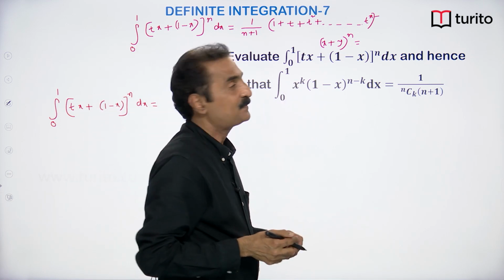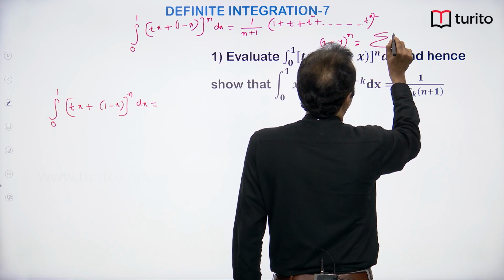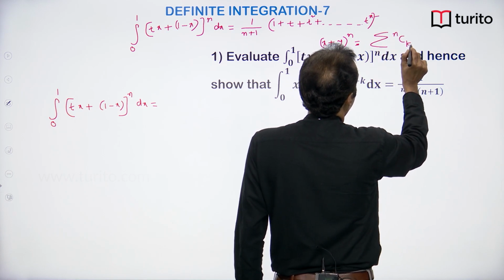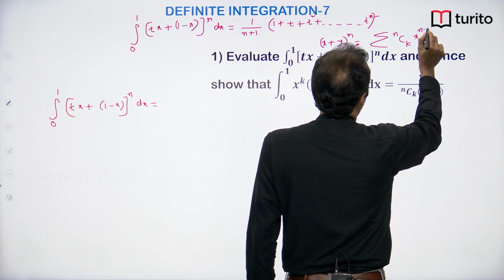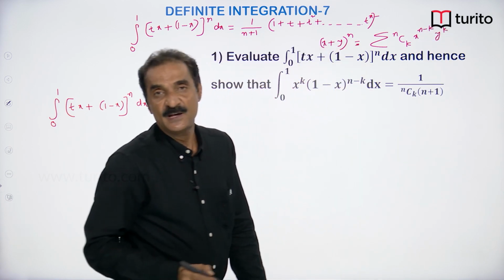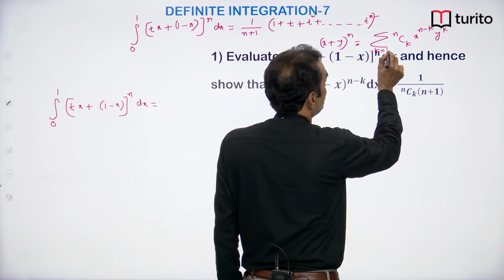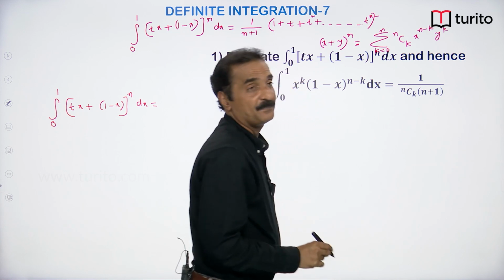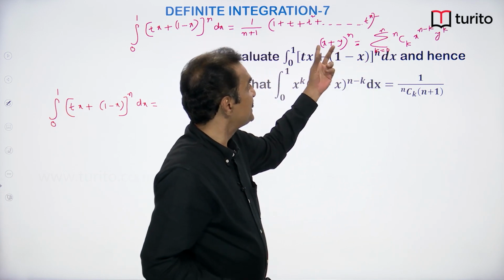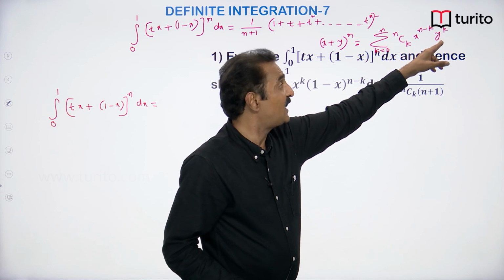The expansion of (x + y) whole power n is sigma nCk into x power n minus k into y power k, where k varies from 0 to n. Or if you interchange x and y, you can also write it as nCk into x power k into y power n minus k.